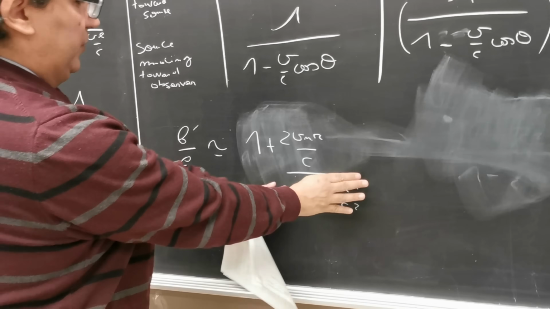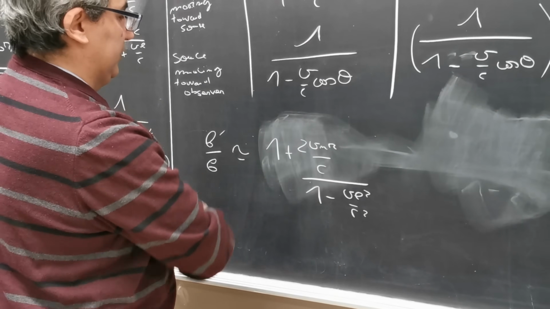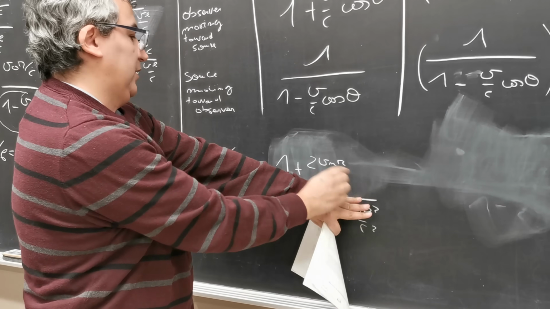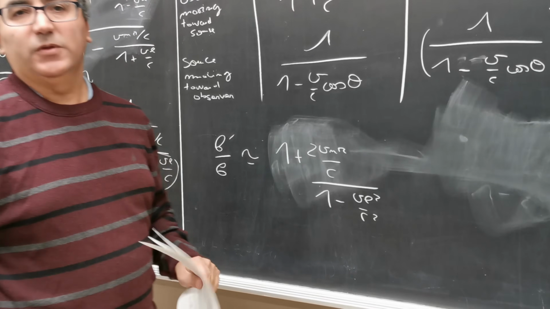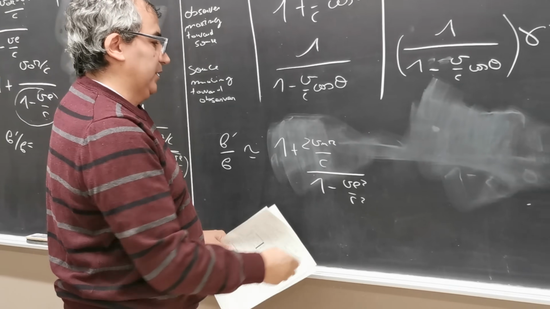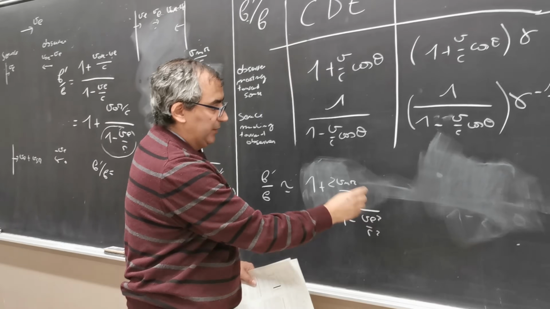Usually we don't have this term, we have only 1 plus 2 V_MR over C. This is the formula we use for the Doppler radar. So we have this additional term.